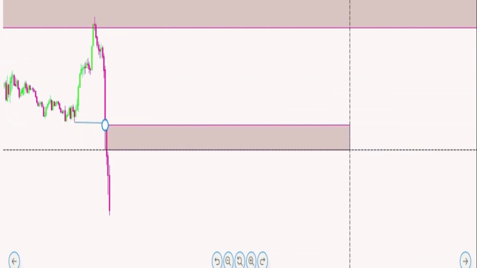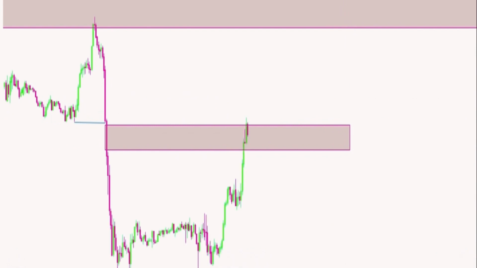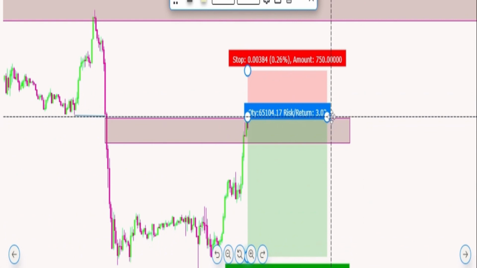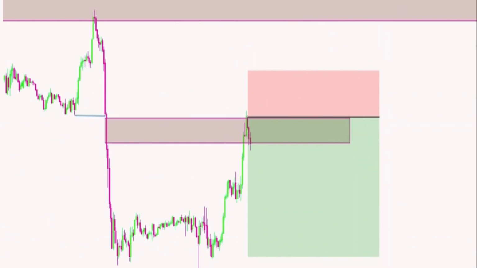We can see price making an external change of character, and thus, we would draw the order block zone from this candle that created inefficiency. Now we would initiate our short trade once the price reaches back to this bearish order block zone. We would initiate our short trade from this point. We would place our stop loss above this order block zone and keep our targets at 3:1 risk to reward ratio.